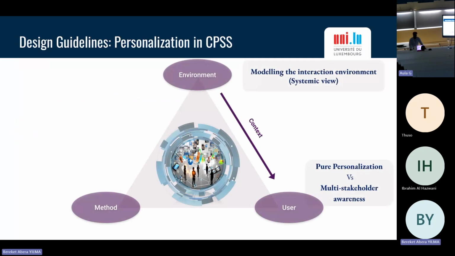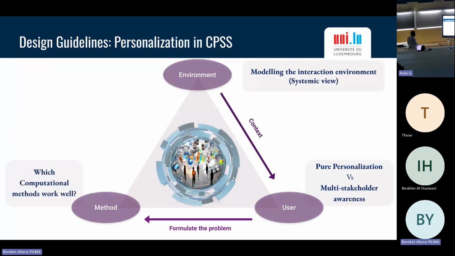So if you effectively model the surrounding where the user is actually evolving, you can decide, do I do pure personalization or should I branch out and do multi-stakeholder awareness? This will help you to actually properly formulate the problem and then employ the right computational methods for the delivery of personalization. Which computational method works, and then you actually apply personalization.